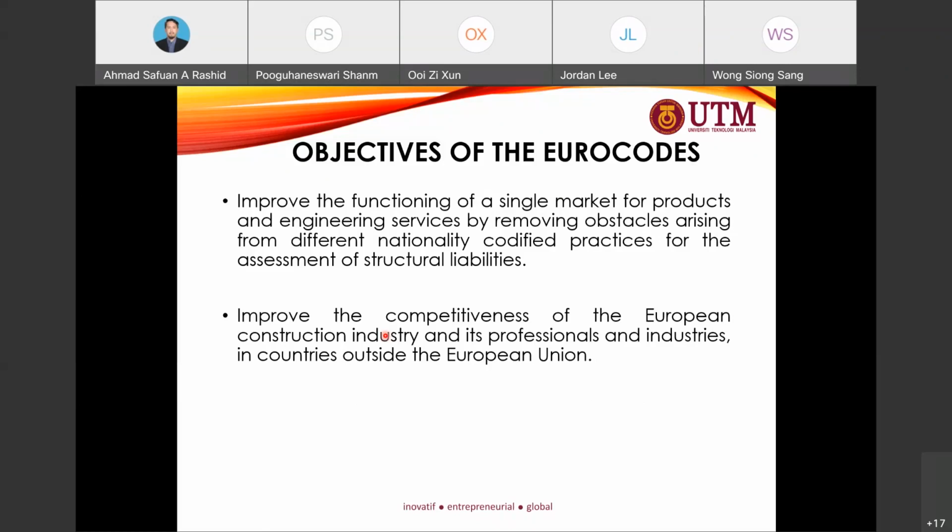Previously they used British Standards, then when they joined the EU they followed the EU regulations and the EC practice. So Malaysia moved from British Standards to the Eurocodes.